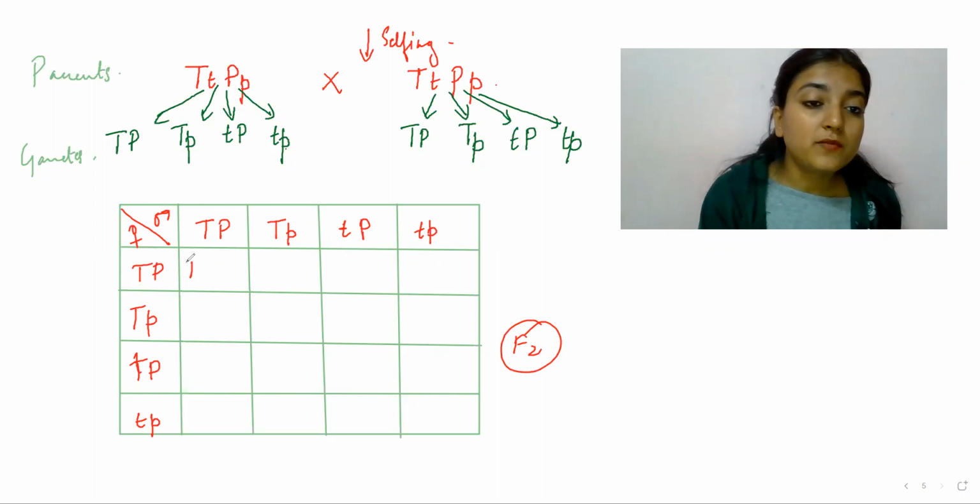So now we will cross capital T, capital T, capital P, capital P. Now this will be capital T, capital T, capital P, small p.